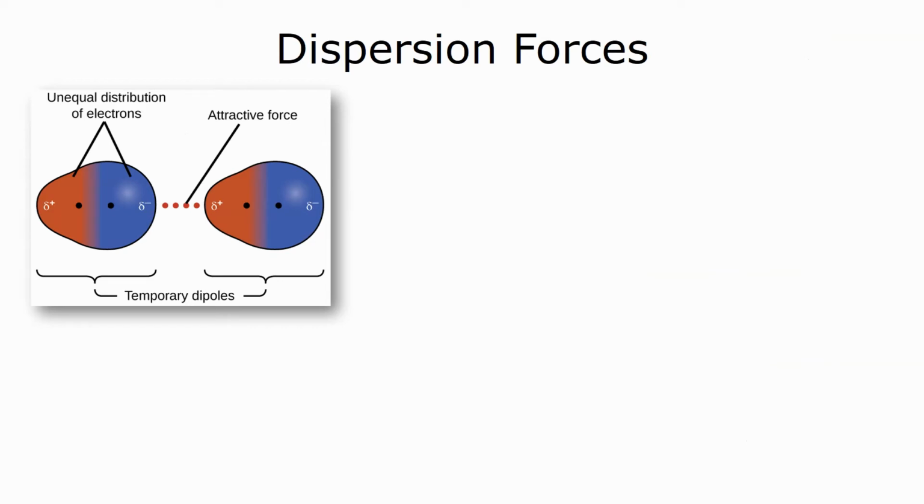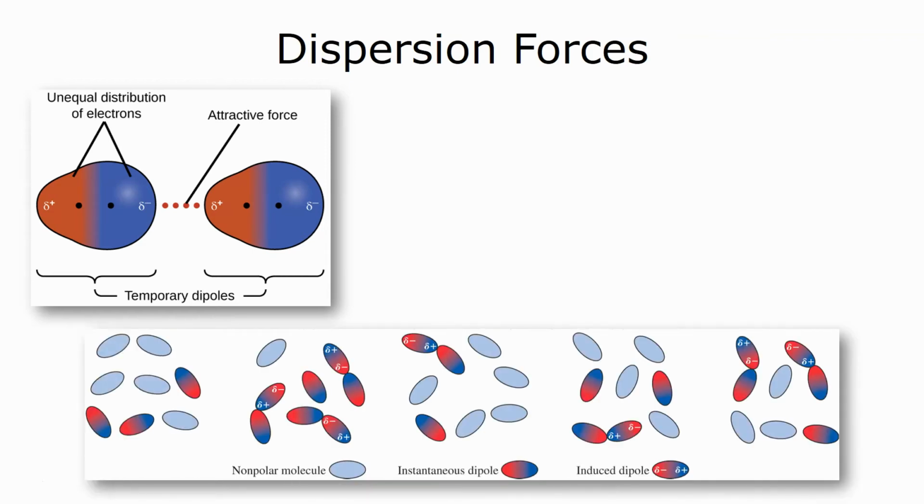What happens when a non-polar atom or non-polar molecule comes up against another non-polar molecule or atom? The electrons push each other away, and we induce temporary dipoles. Once we have an induced dipole, it's going to now stick to another atom or molecule that has also induced a dipole. Now, these are extremely weak, but they do occur.